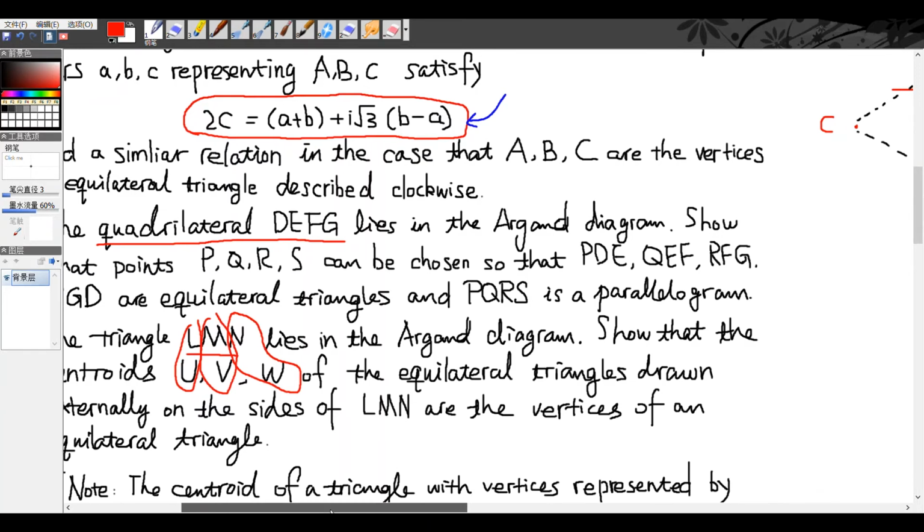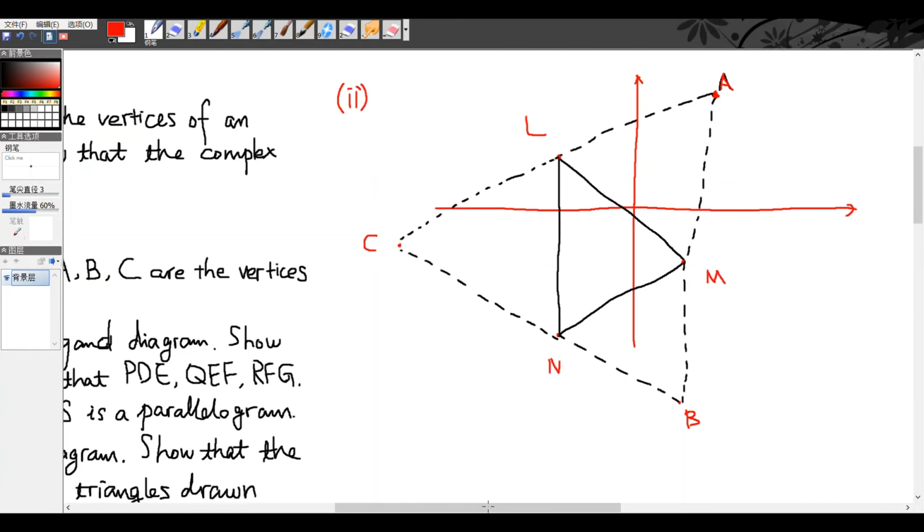So I will draw my U right here. I will use blue pen to do that.